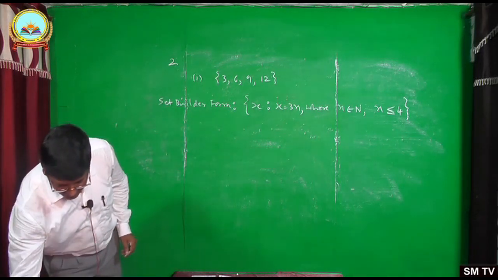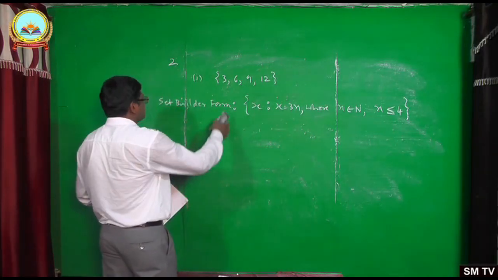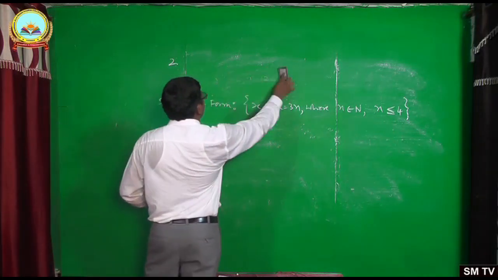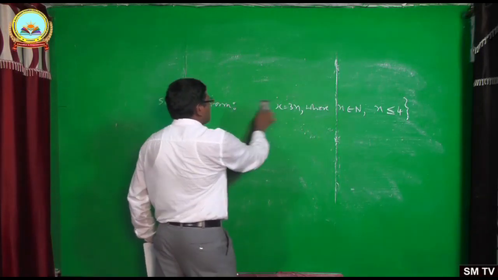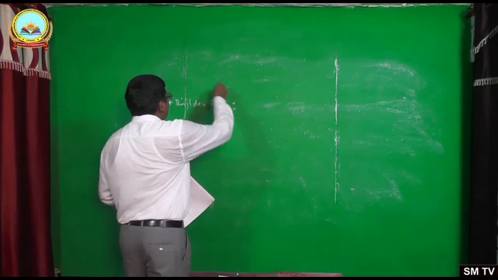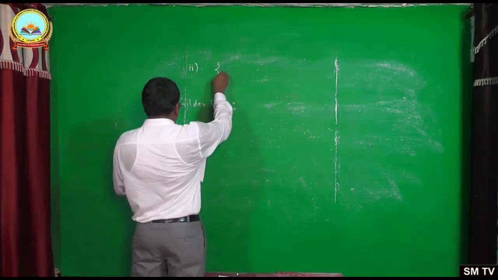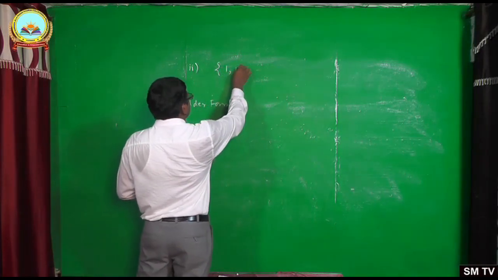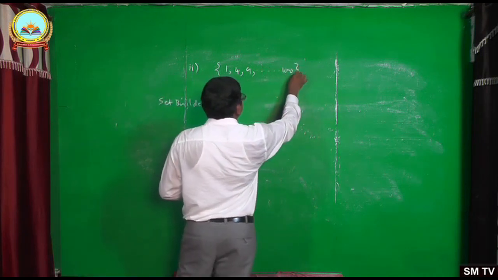Next, the second one. The set of all elements 1, 4, 9, and so on up to 100.